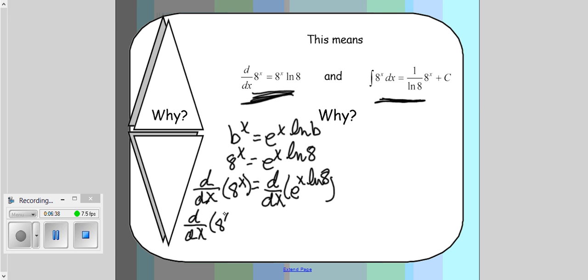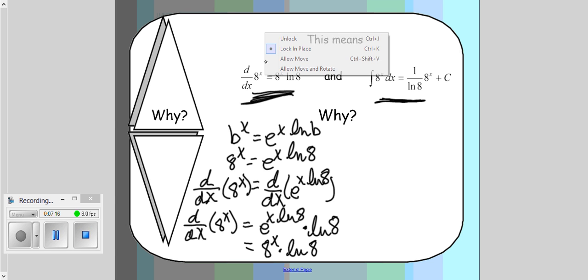On the right hand side, the derivative of e to the x is e to the x, and then by the chain rule I take the derivative of the constant in front of x, so we get natural log 8. We've already said that e to the x natural log 8 is 8 to the x, and so that is your proof of this property right here.